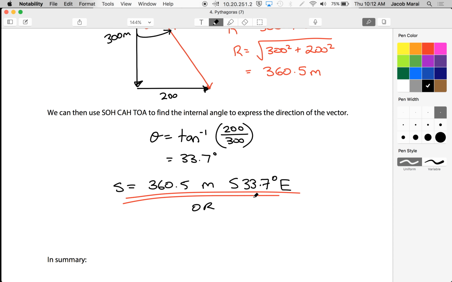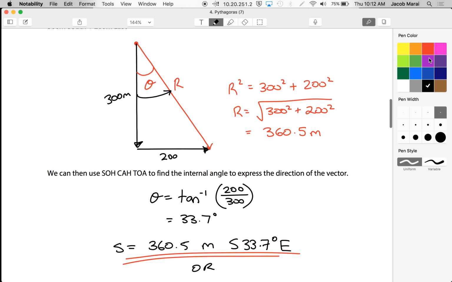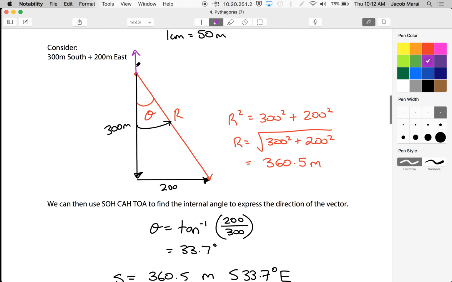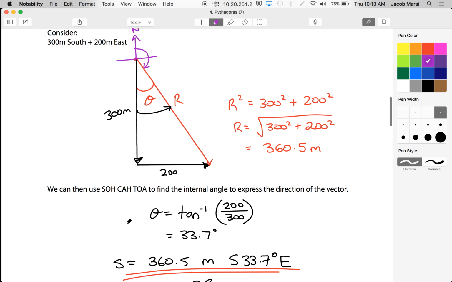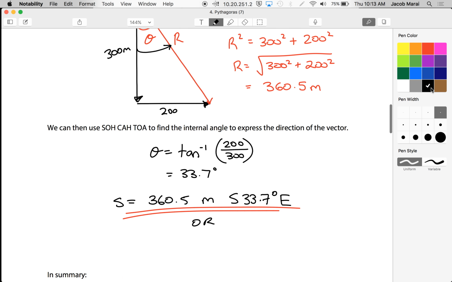Well, you can express that bearing another way, can't you? So now write the true bearing. So while people are still copying that down, I'll just quickly add up here. We've got north. You basically have to find that angle from north. It's a little bit of thinking here. This angle here is going to be 90 less 33.7, which is 56.3. 90 plus 56.3 is 146.